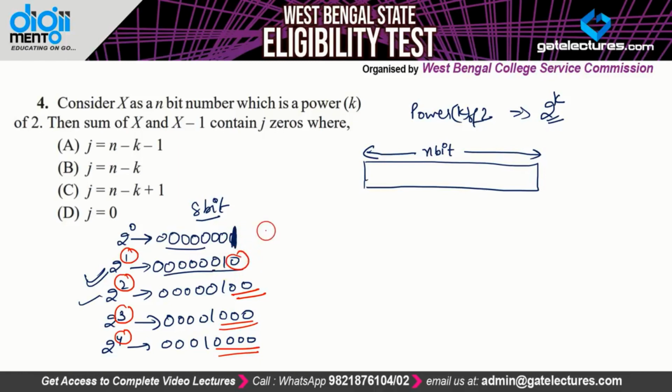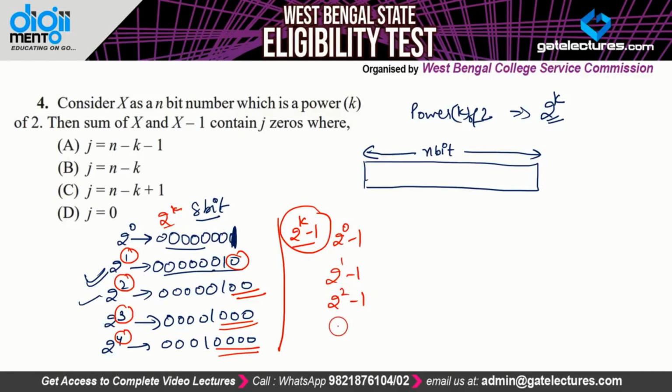Okay, now if I find 2 raised to power k minus 1. So this is representing 2 raised to power k, and for 2 raised to power k minus 1, I do 2 raised to power 0 minus 1, 2 raised to power 1 minus 1, 2 raised to power 2 minus 1, 2 raised to power 3 minus 1, and 2 raised to power 4 minus 1. Okay, why?